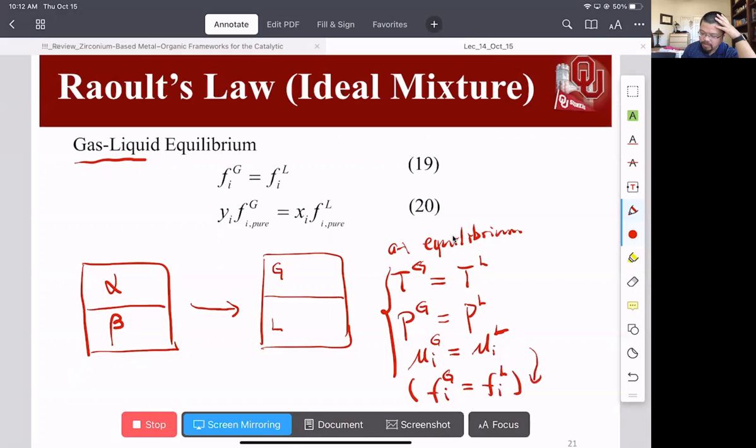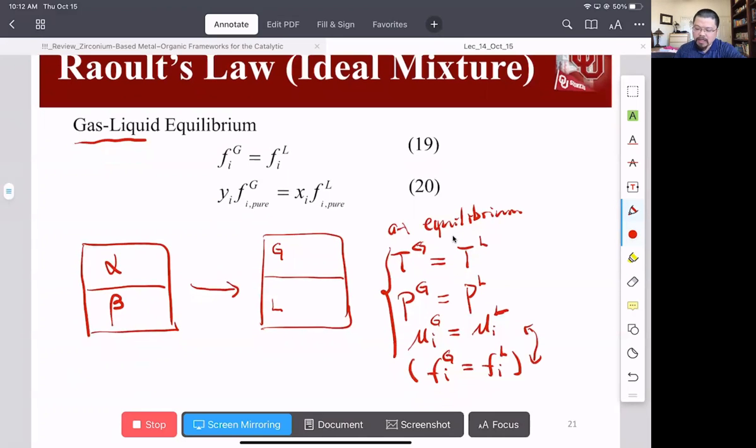So we can pick whether chemical potential or fugacity is more comfortable to you. At equilibrium, we should satisfy 3 sets of equations or 4 sets of equations, while chemical potential and fugacity are equivalent in a sense. So this is exactly what we have for equation 19.